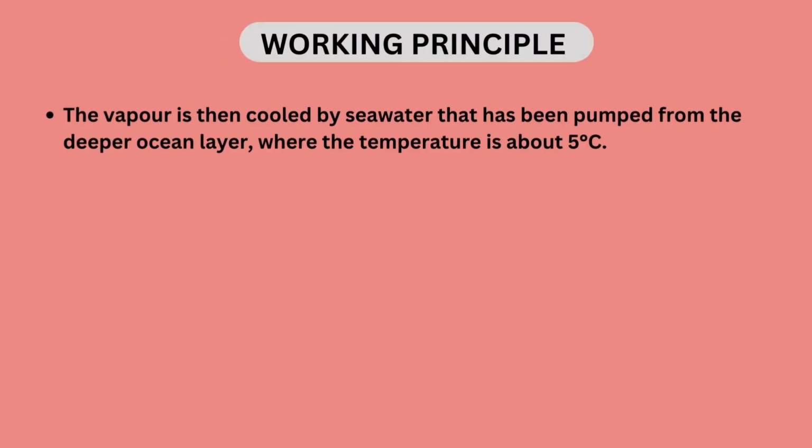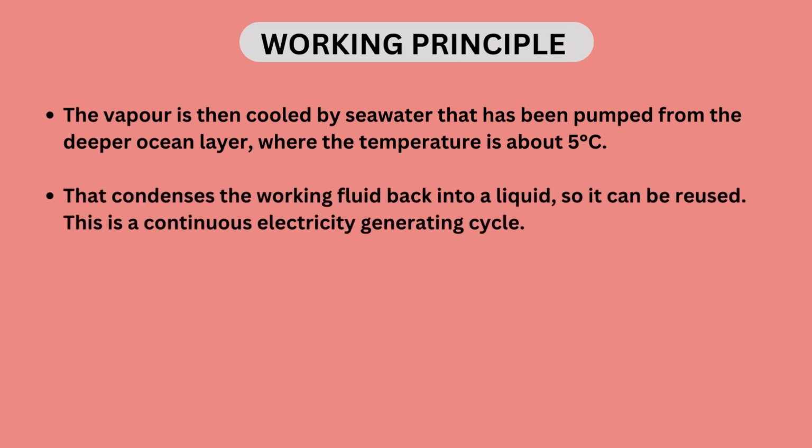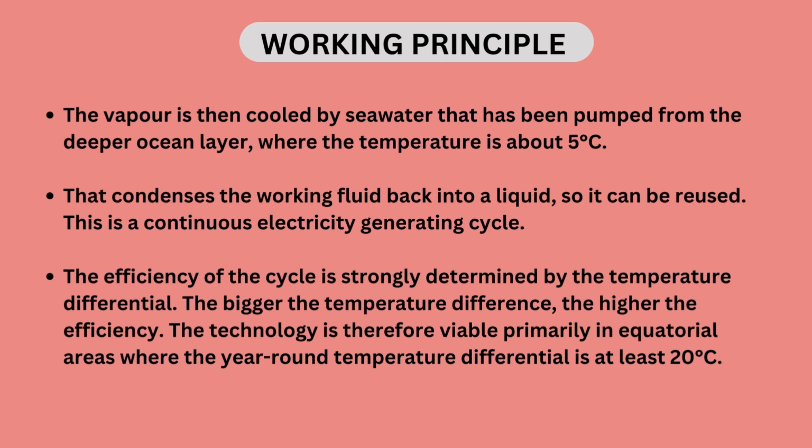The vapor is then cooled by seawater that has been pumped from the deeper ocean layer, where the temperature is about 5 degrees centigrade. So it condenses the working fluid back into a liquid so it can be reused. So this is a continuous electricity generation cycle, and the efficiency of this cycle is strongly determined by the temperature differential.